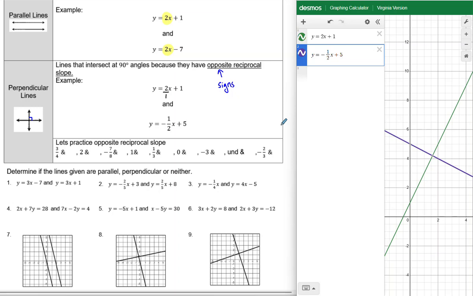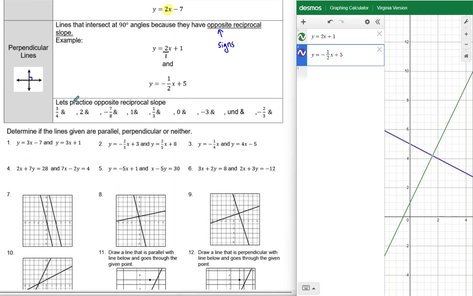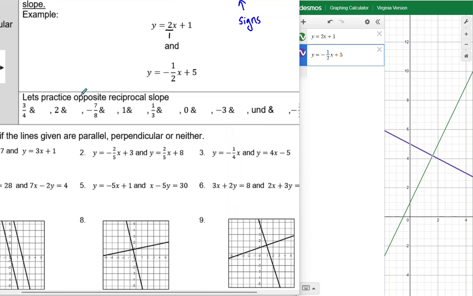All right, so before we go to our examples here, I just want to practice how to find opposite sign and reciprocal slopes, opposite reciprocal slopes. So here, let's say you have a slope of 3 over 4. Since it's a positive slope, we're just going to put a negative slope for this. And then the reciprocal would be 4 over 3. Negative 4 over 3.